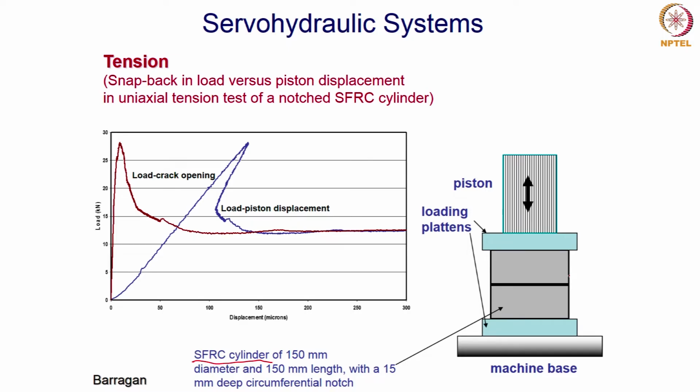Either we put a transducer here, which is telling us exactly how the crack is opening, and that is the control variable, then I would get this behavior, which is what I am looking for. Or, I know that the load piston displacement is moving this way. I have to invent a set of parameters which show the axis this way.